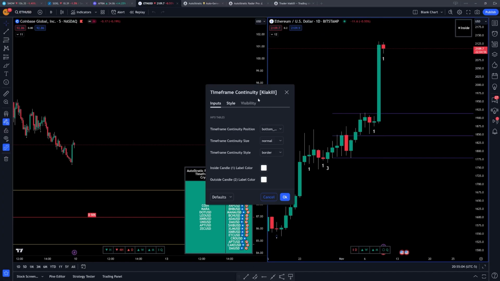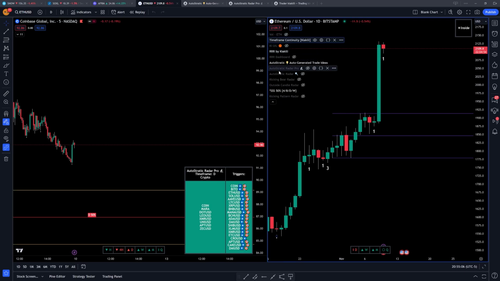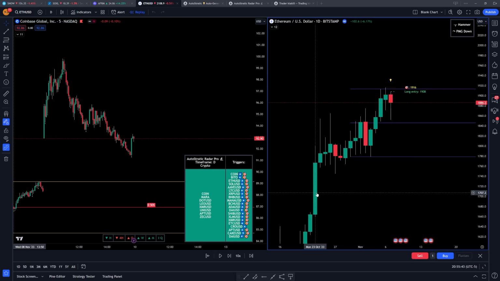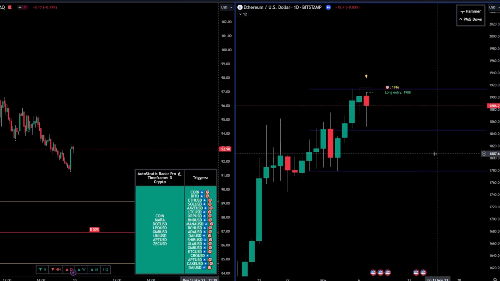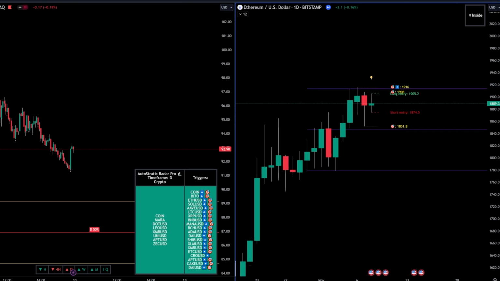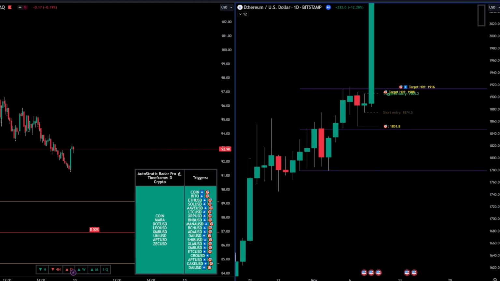Let us make sure we are selecting our crypto asset class so that we adjust the algorithm for it. As we continue on up with Ethereum, we got a long entry. And then we got another trade idea the following day.